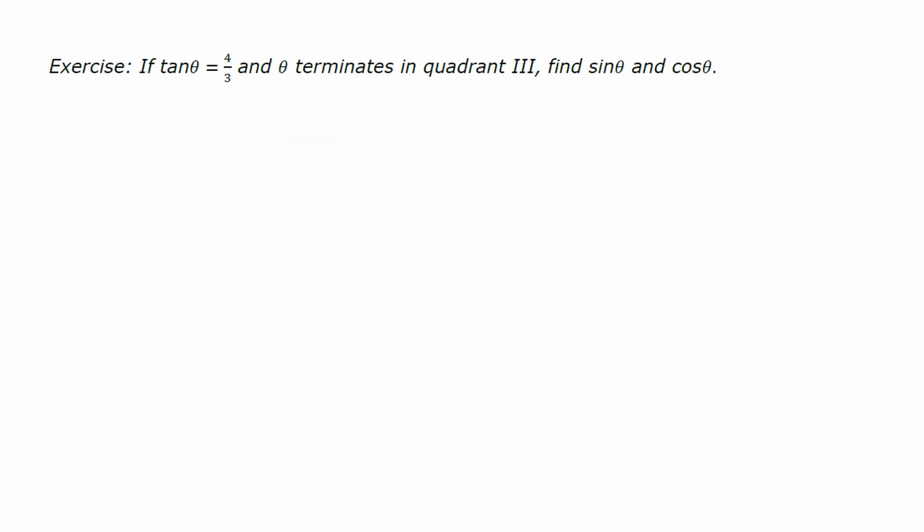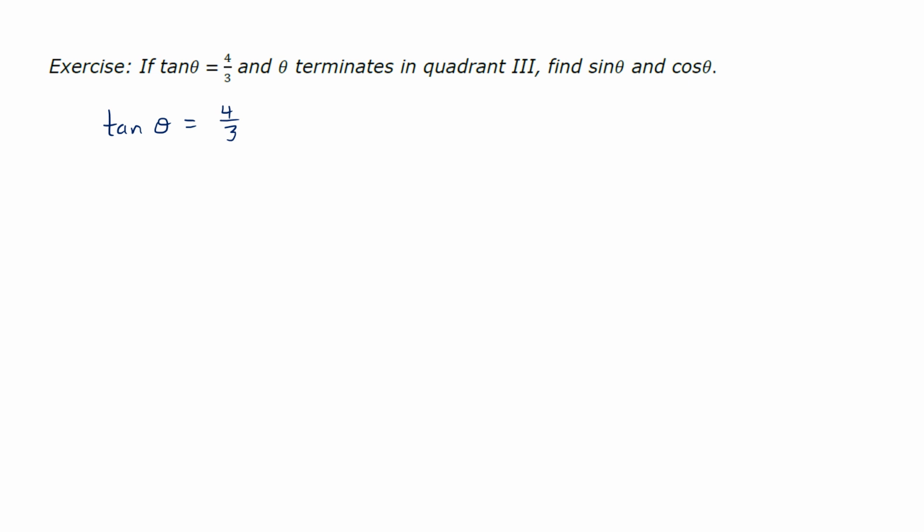So in this exercise, we're told that if the tan of theta equals 4/3 and theta terminates in quadrant 3, find the sine of theta and the cosine of theta. Okay, so we know that the tan of theta equals 4/3.